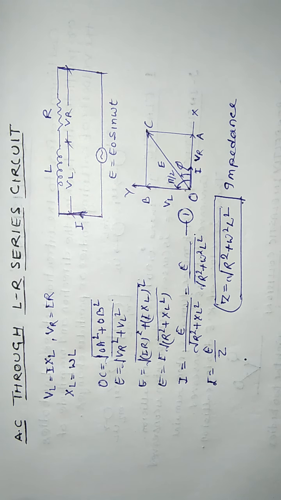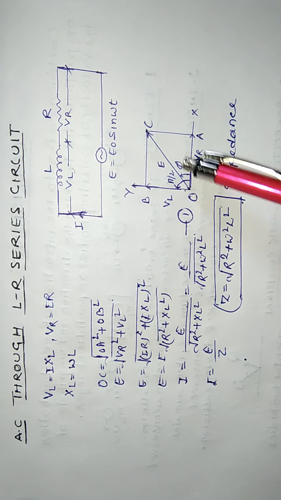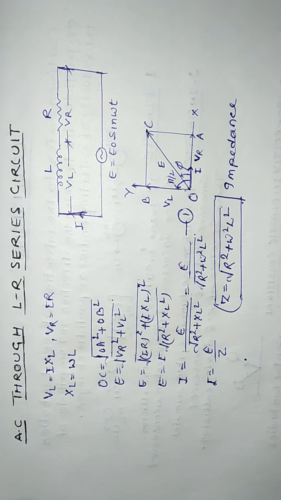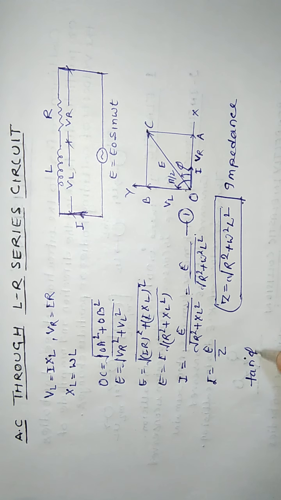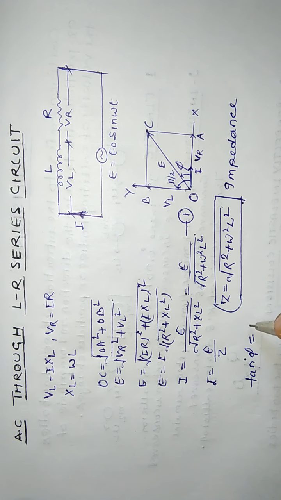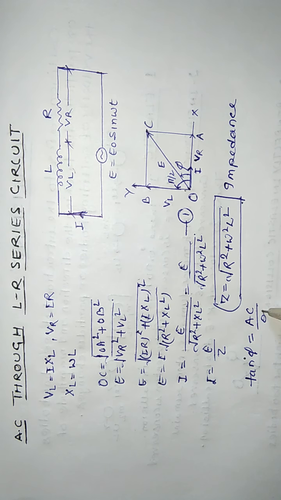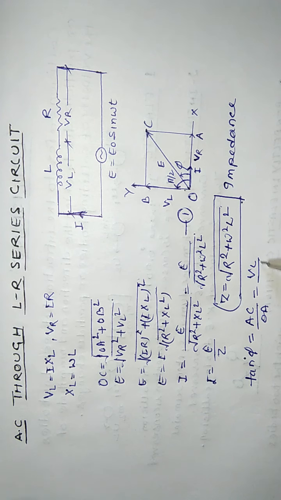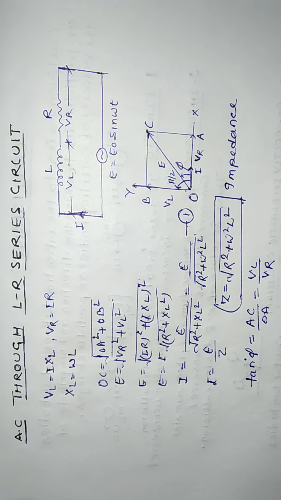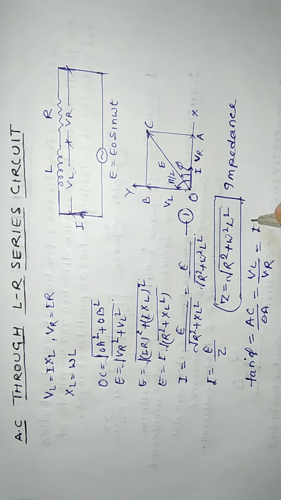From the phasor diagram, it is clear that the EMF leads the current by a phase angle phi. By using this right angle triangle OAC, we can calculate tan phi is equal to AC upon OA, or it is equal to VL upon VR, and VL is equal to IXL and VR is equal to IR.